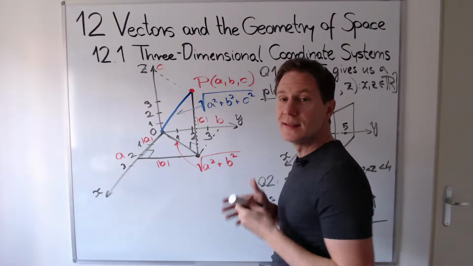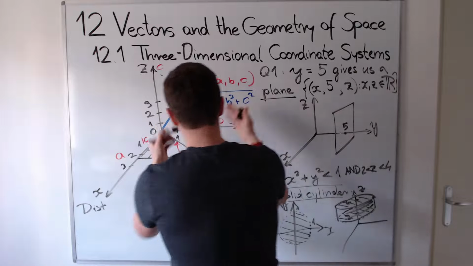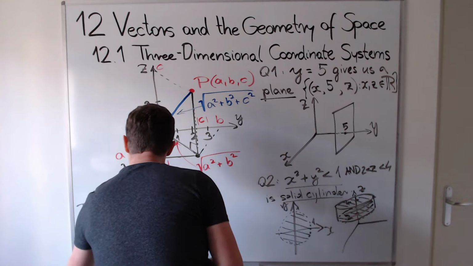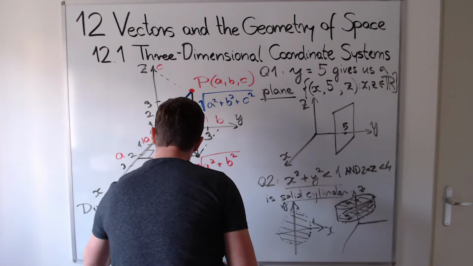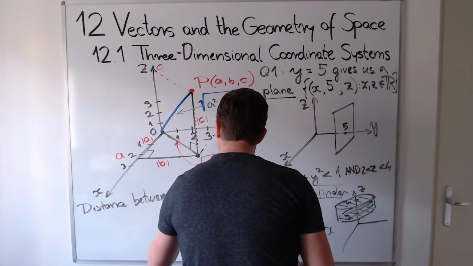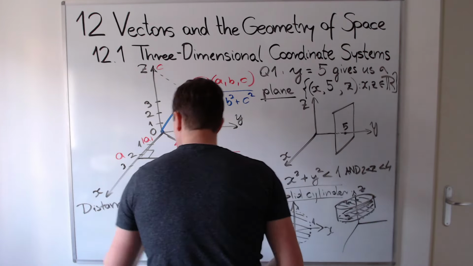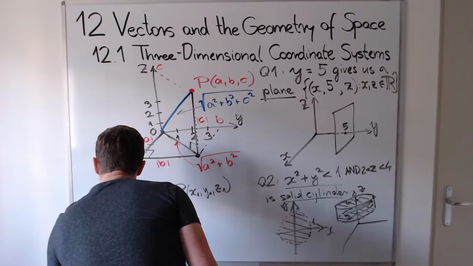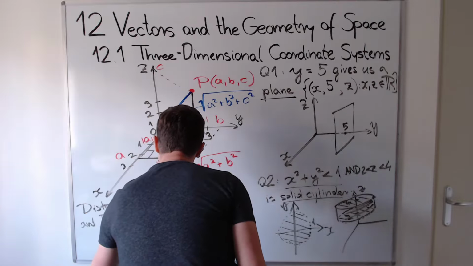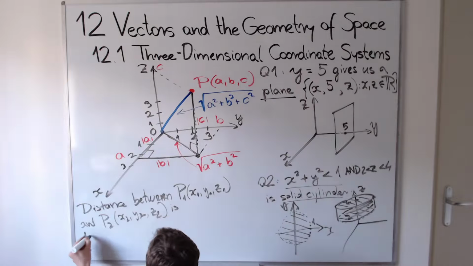Similarly, the distance between 2 points can be calculated in a very similar manner. Between 2 points, let's call them P1 with coordinates x1, y1 and z1, and P2 with coordinates x2, y2 and z2, it is the following. It's denoted by these absolute values.